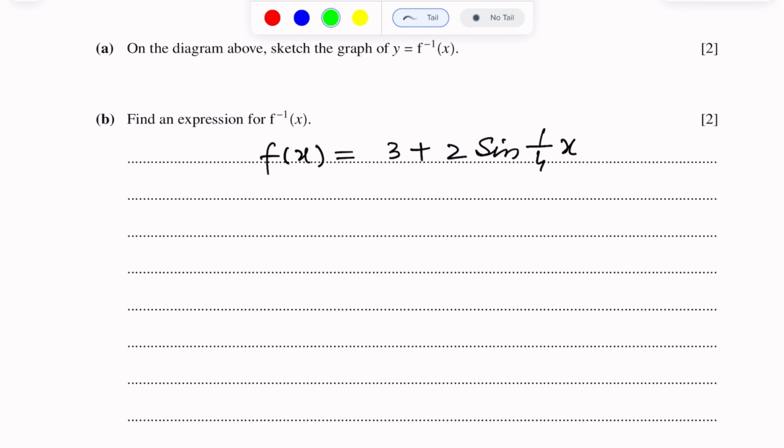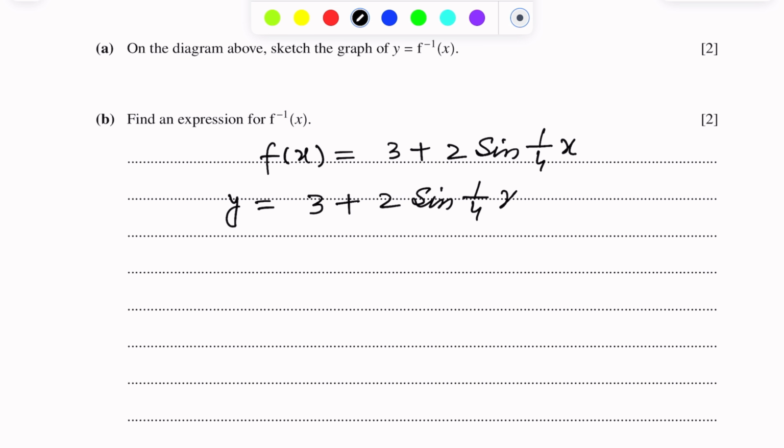First we put y is equal to f(x). Y is equal to 3 plus 2 sine (1/4)x. Now we have to make x the subject.